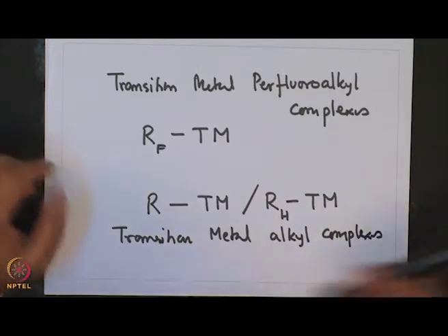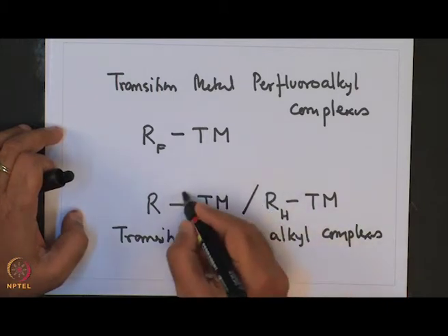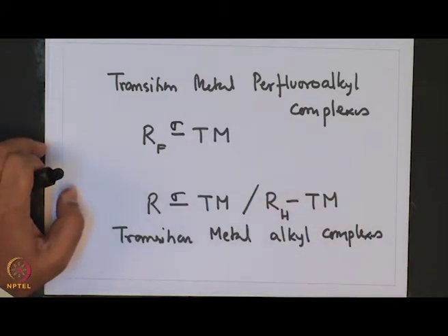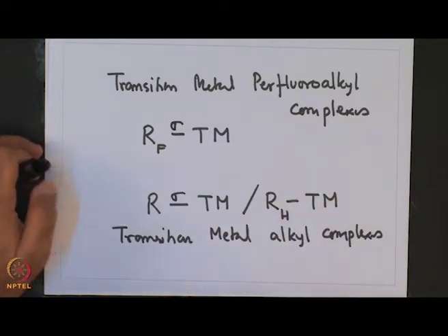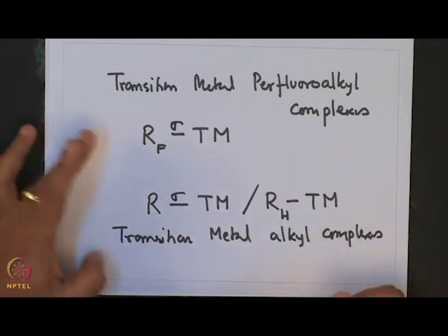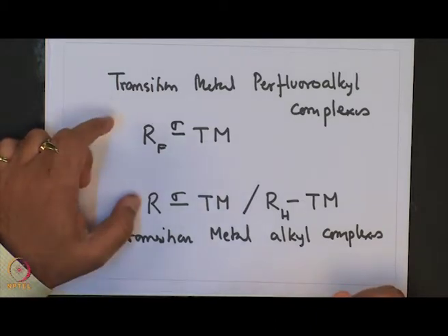Both of these compounds may be related in the sense that they all make sigma type bonds with the transition metal. However, when one looks at these two compounds, one is the transition metal perfluoroalkyl and the other the transition metal alkyl complexes.